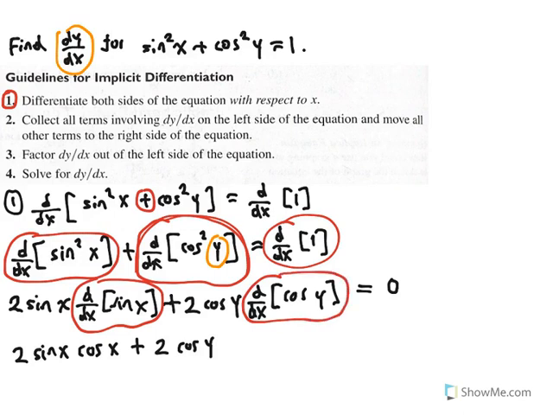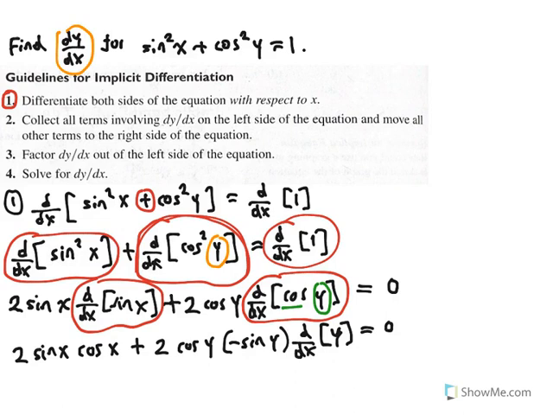We must find this derivative now, and we have to use the chain rule because we have a composition of two functions where the outside function is cosine and the inside function is y. So the derivative of the outside function is negative sine, and we evaluate that at the inside function of y, and then we multiply by the derivative with respect to x of the inside function y.